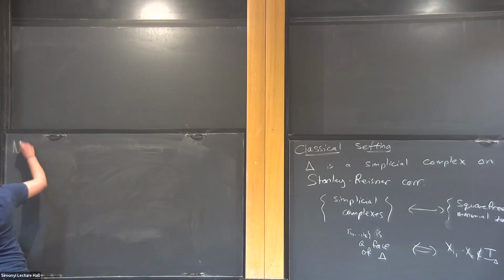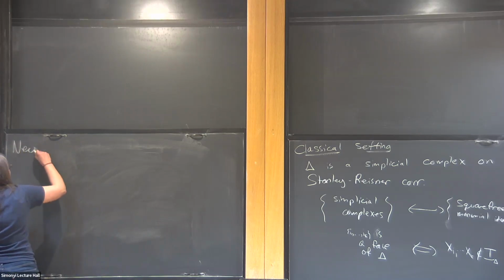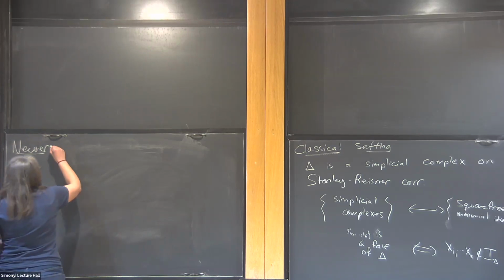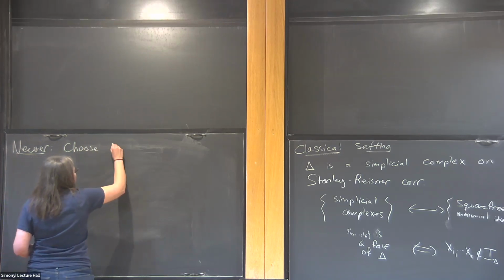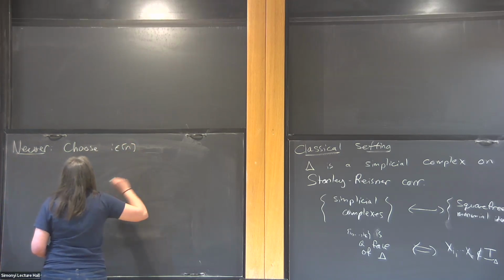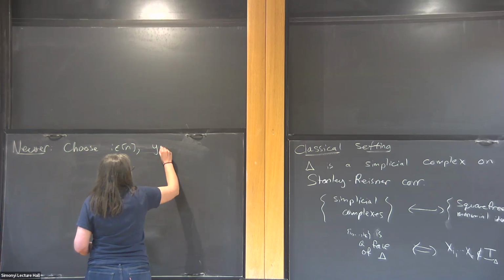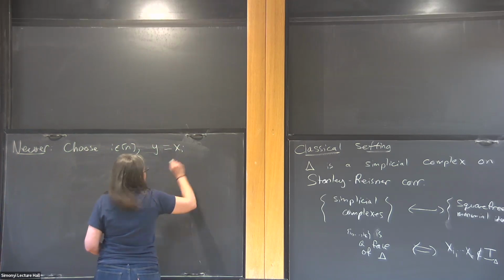So here's our newer setup. Choose one of the variables of your ring. Take y to be x_i.